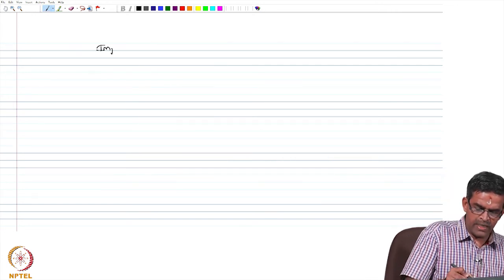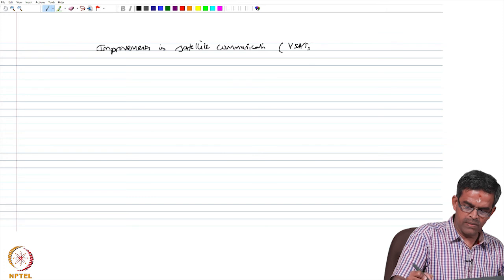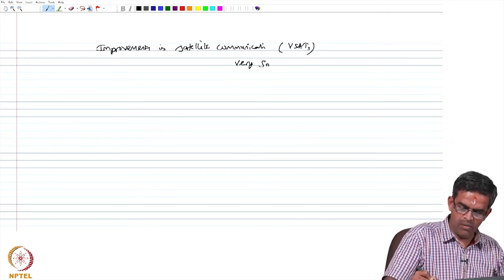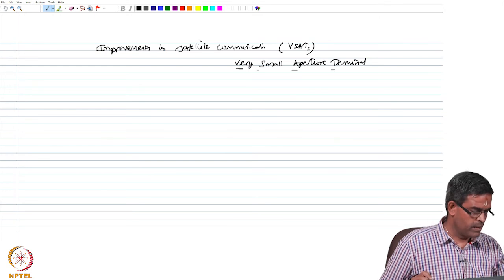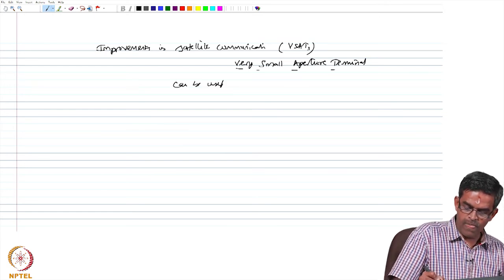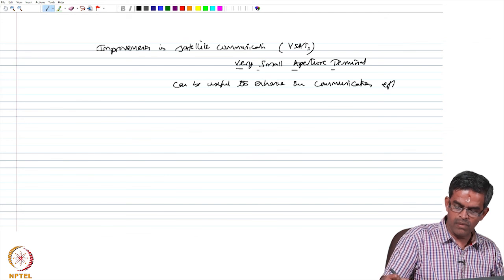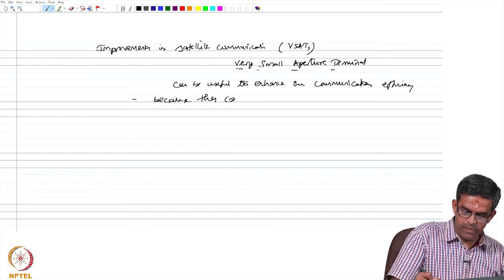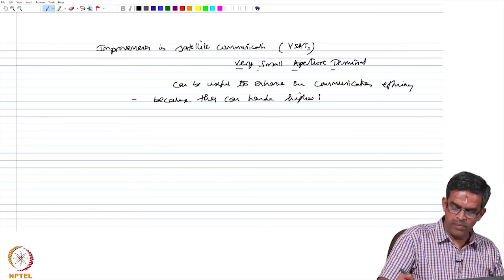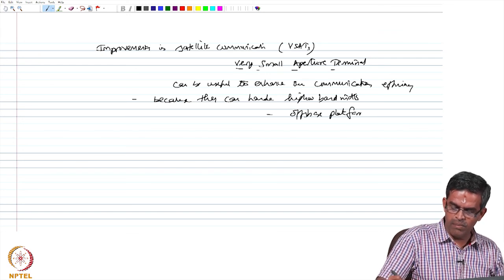Further, improvements in satellite communication like VSATs, nothing but very small aperture terminal, okay, that is VSAT, can be useful to enhance the communication efficiency because they can handle higher bandwidth, which is required for offshore platforms, because the frequency bandwidth in this case is very broad.